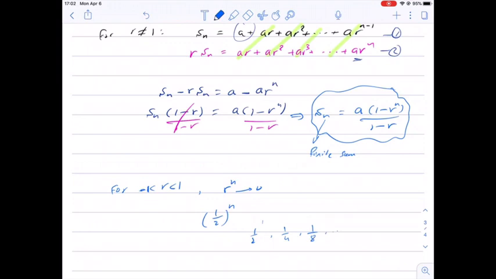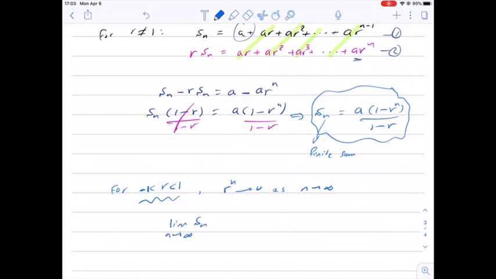When n equals 3, 1/8, and so on. So we approach 0 as n goes to infinity. So if r is between -1 and 1 and not equal to -1 or 1, then r to the power n goes to 0 as n goes to infinity.